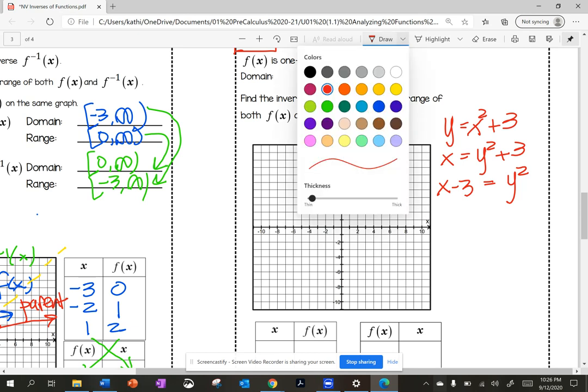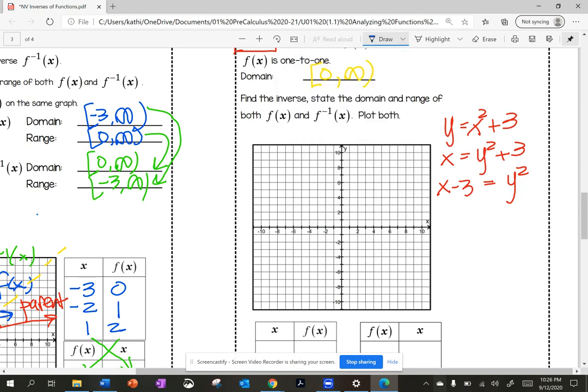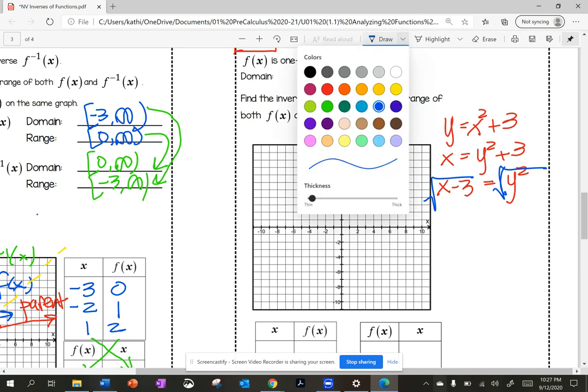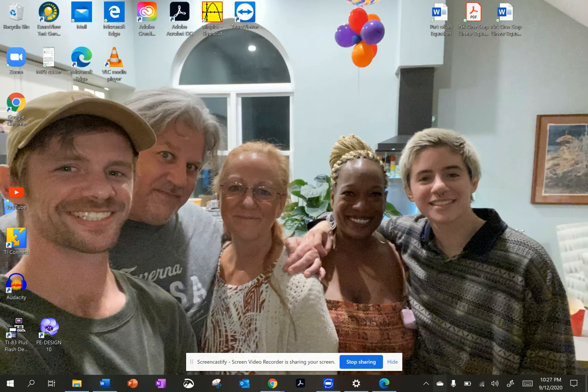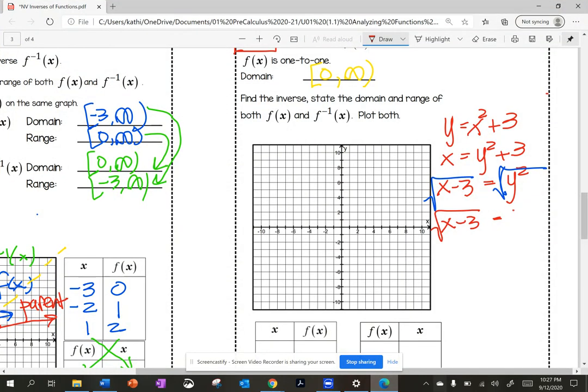I need to undo the squaring. To undo the squaring, I'm going to take the square root. Whatever I do to one side of my equation, I need to do to my other side to keep my equation equal. So I have now the square root of x minus 3 equals y.